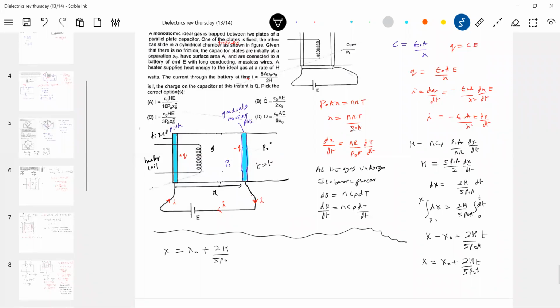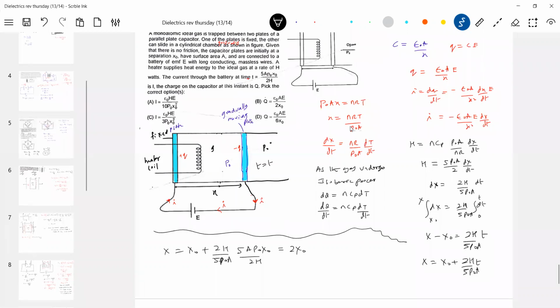What is the t? t will be 5A P naught x naught by 2H. So 2x naught will come. The position at which he has asked the time is equal to 2x naught. Okay, let's get into the expression for current.